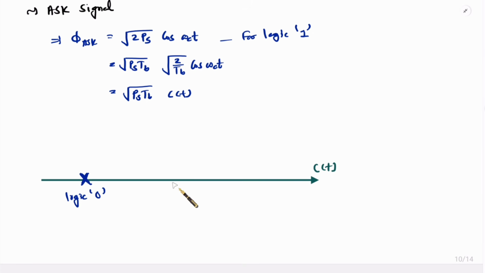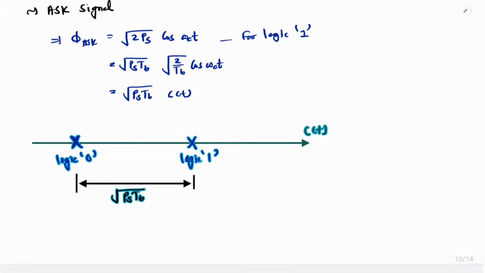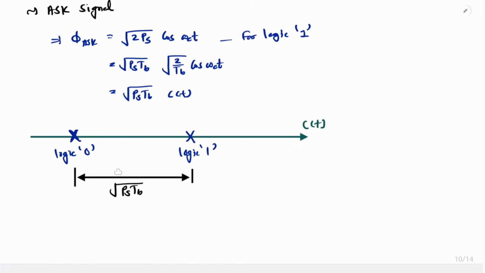And at what amplitude do we have logic 1? At square root of PSTB amplitude we have logic 1. So here we have the logic 1 symbol, right? And this space is square root of PSTB, right? So this is the signal space diagram.